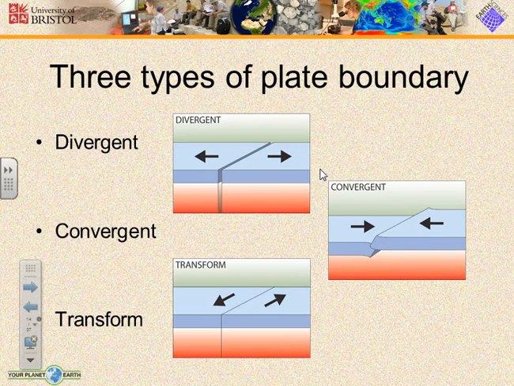And then the last one is transform. Please draw your arrows. That's where the two plates slide past one another. It can also be called strike slip. So you have divergent that pulls apart, convergent that pushes together, and transform, also called strike slip, where at the plate boundary, the plates slide past each other.